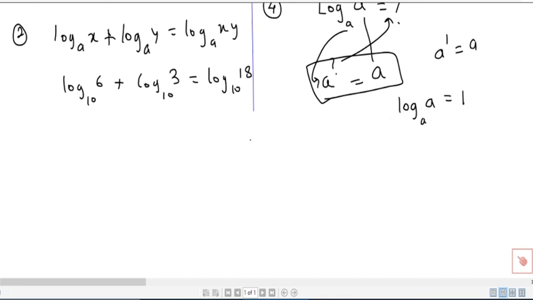If we further discuss this property, then we will get another result. The same result we will get, that is log at base a of a to the power x is equal to x.